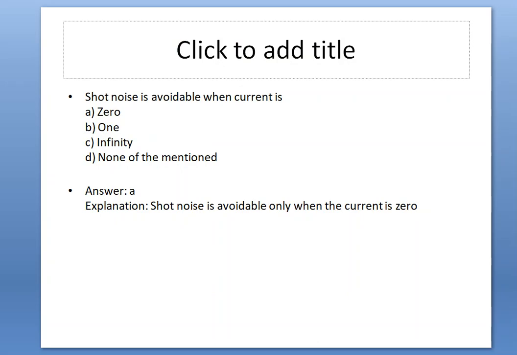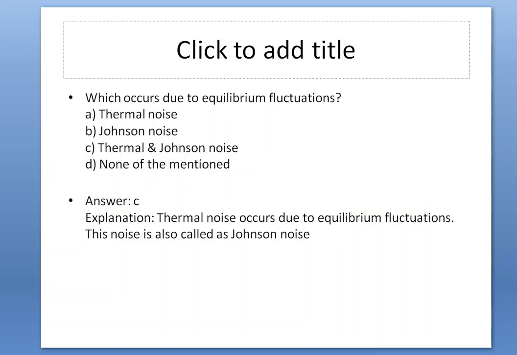And one more bit regarding shot noise. Shot noise is avoidable when the current is A: 0, B: 1, C: infinite, and D: none of the above. The answer is 0. Shot noise is avoidable when the current is equal to 0 in the component. And one more bit on the noise which occurs due to equilibrium fluctuations.